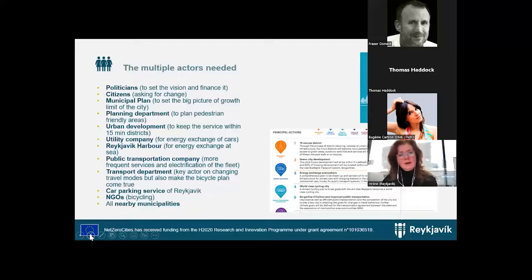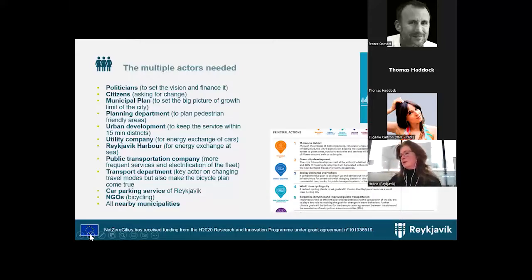And then there are the car parking services, which set the fees for car parking, actually limiting it, as you know, car parking fees increase the possibility of services for each car parking. And then we have NGOs pushing on bicycling, and last but not least, the nearby municipalities that are extremely important.